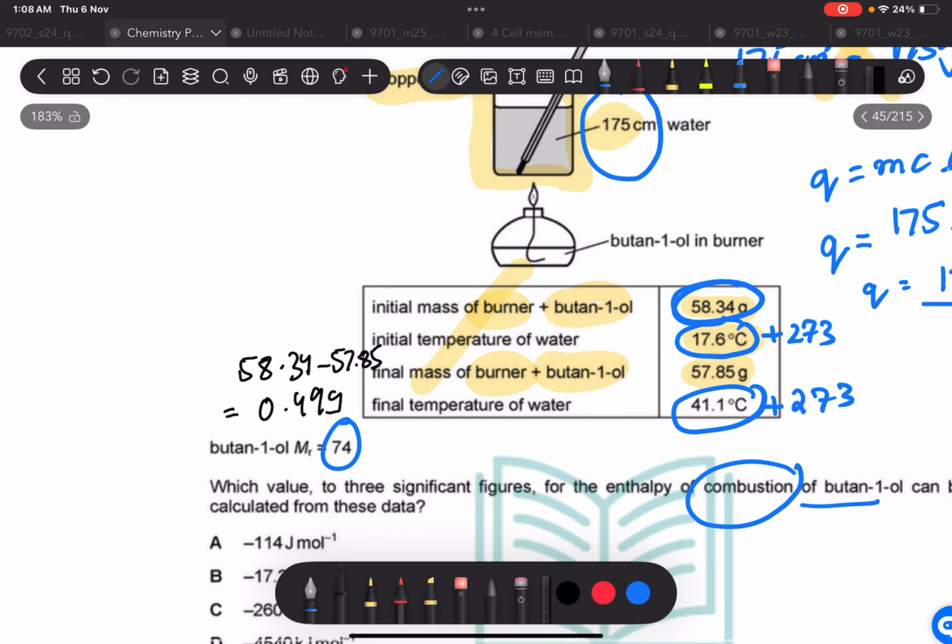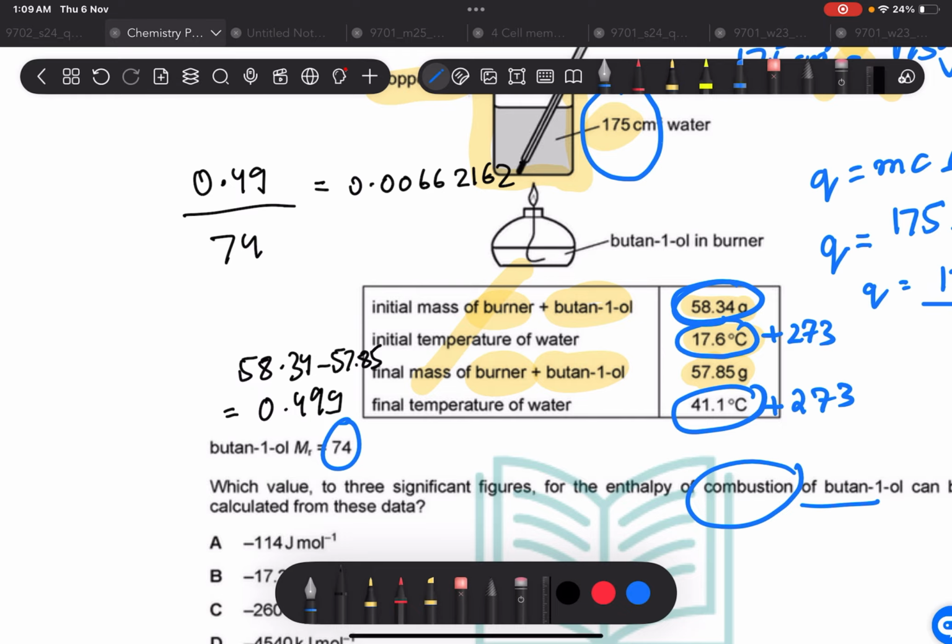We're gonna divide it by MR, mass divided by MR, which is 74, is gonna give me the moles of my butanol, which comes out to be 0.006621621 moles. Okay, these are my moles.